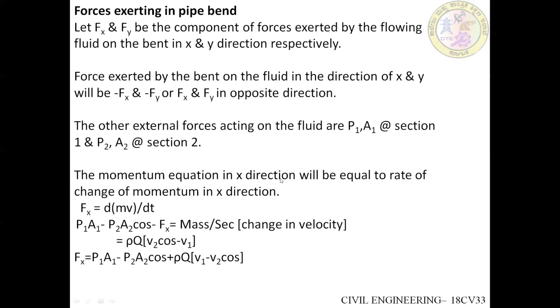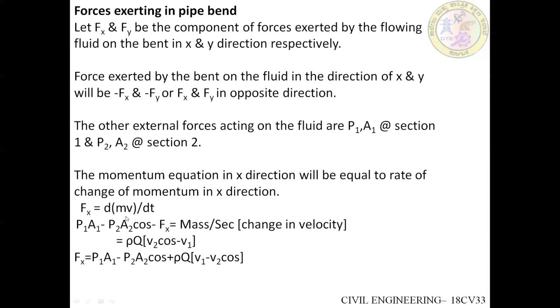The momentum equation in any x direction will be equal to the rate of change of momentum in the x direction. So this is the formula. Let us take all the forces acting in the x direction. We'll get P1A1 minus P2A2 cos theta minus Fx equal to mass by second.